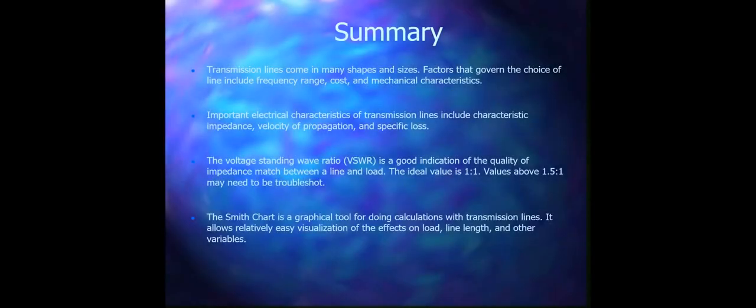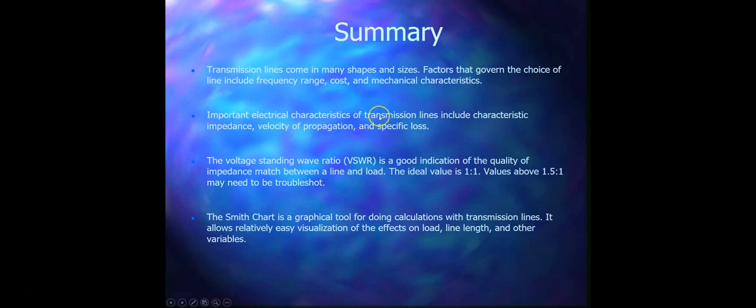Now the summary of the lecture. I'll just quickly read all these points. First, transmission lines come in many shapes and sizes. Factors that govern the choice of line include frequency range, cost, and mechanical characteristics.